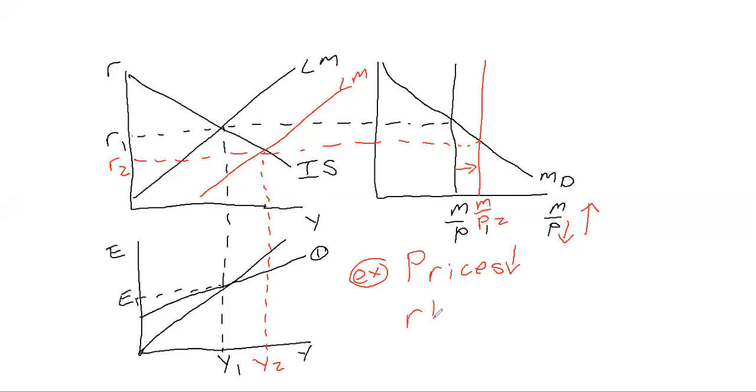So remember, as interest rates decrease, this impacts both consumption and investment. So consumption will increase and investment will increase. Please refer back to the goods and services market video to see the relationships that are built into consumption and investment. So as consumption increases and investment increases, we're going to see an increase in expenditure.